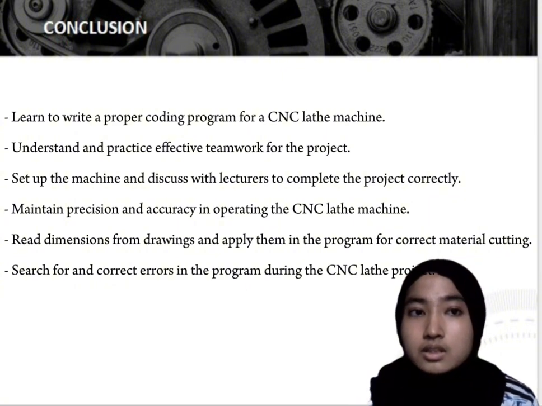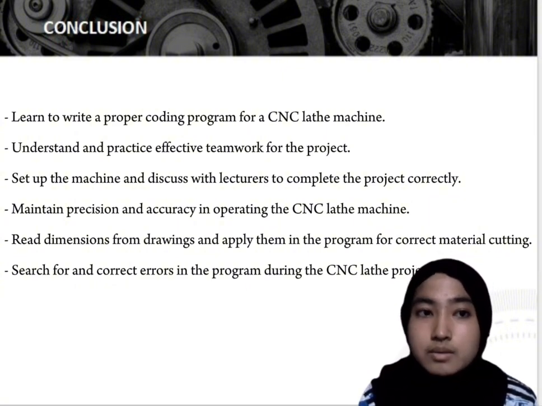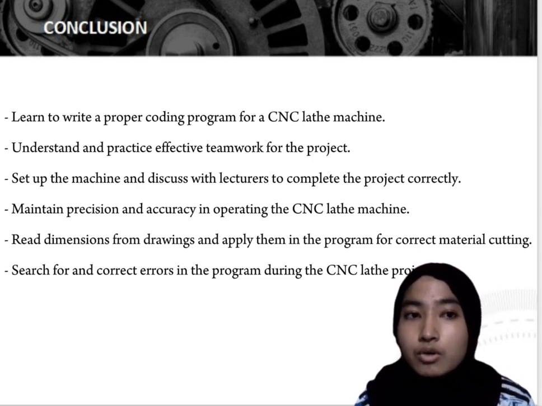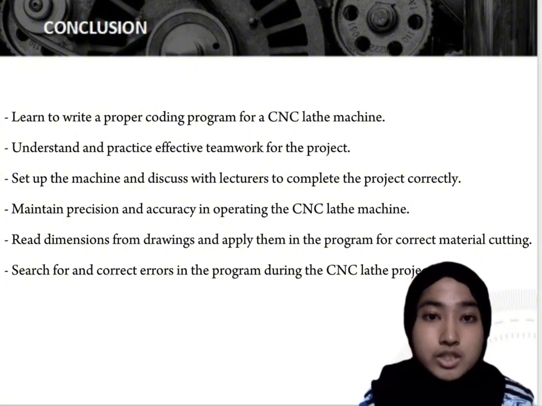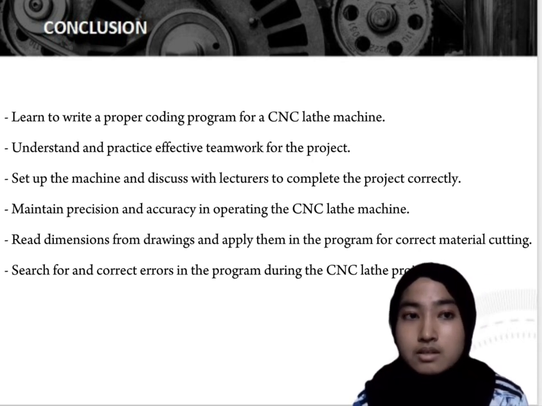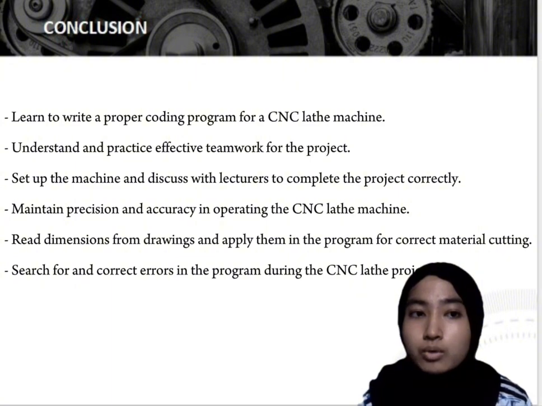We tried to maintain the appropriate level of precision and accuracy of the CNC lathe machine while doing this project. We read the dimensions from the drawing and applied them in the programs so it could cut the material correctly and properly. We also searched for errors in our program while doing the program for our lathe CNC machine project.